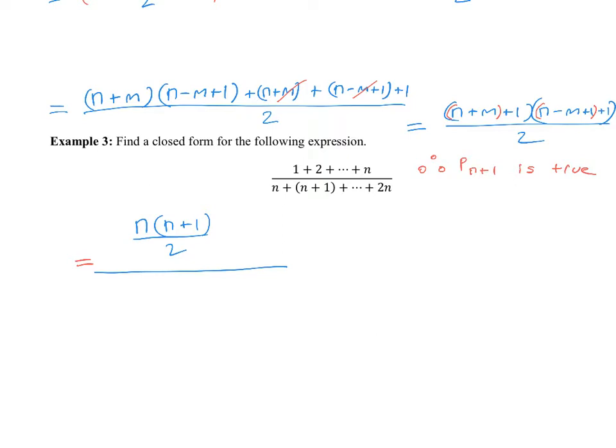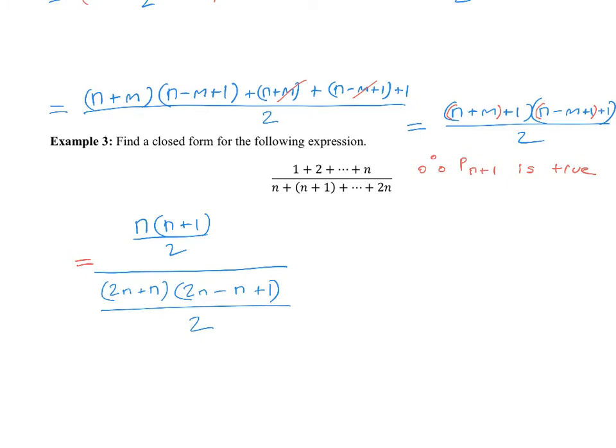The largest number is 2n, so I'll write down 2n plus n. And then that gets multiplied by the largest number, 2n, minus the smallest number, n, plus 1. And all of that gets divided by 2.